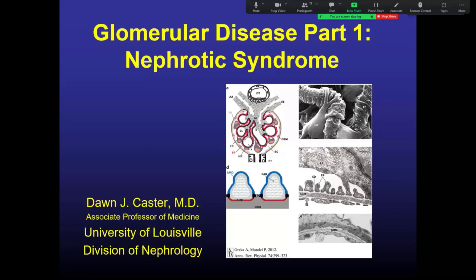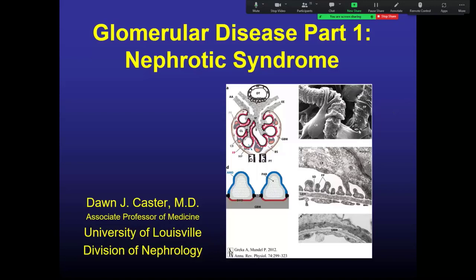Here you have a picture of the glomerulus and those lovely capillary loops. I really like this because this is what we call a scanning EM picture, where you can actually see the podocyte wrapping around those capillary loops, forming those foot processes in more of a 3D image. So you can really see how the podocyte is so essential to maintaining normal function of the kidney and the glomerulus.